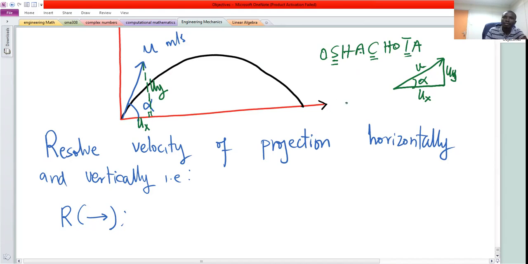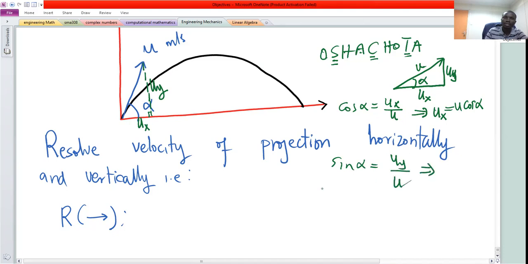So if you say cos alpha, cosine is adjacent, which is ux, over hypotenuse, which is u. That tells you that ux, which is the horizontal component of the velocity, will be given by u cosine of alpha. Similarly, sine of alpha will be uy, opposite, over hypotenuse, which is u. So this tells you that uy will be given by u sine alpha.